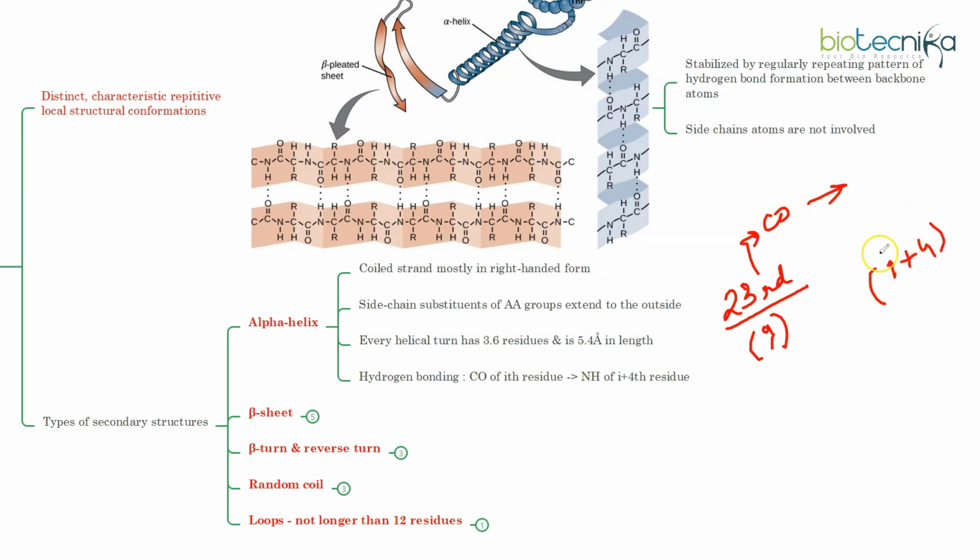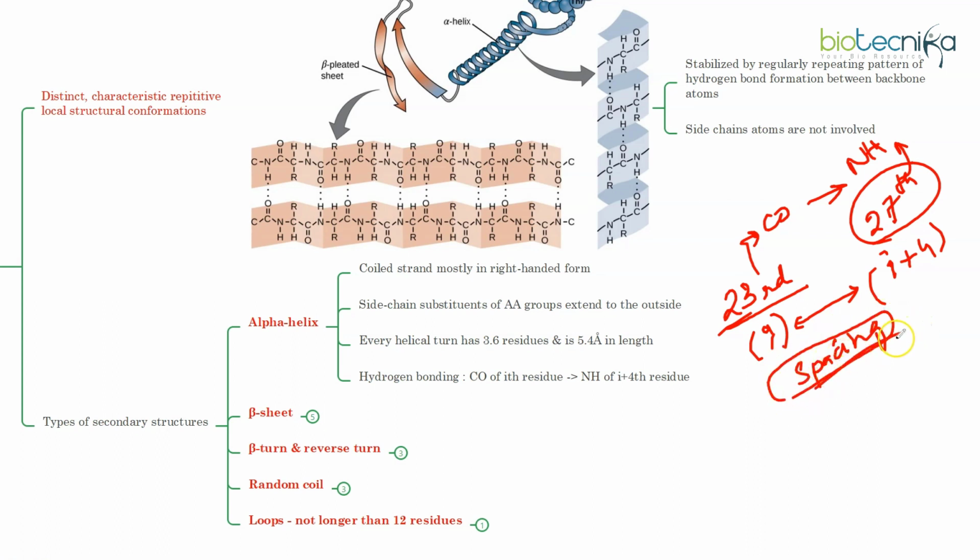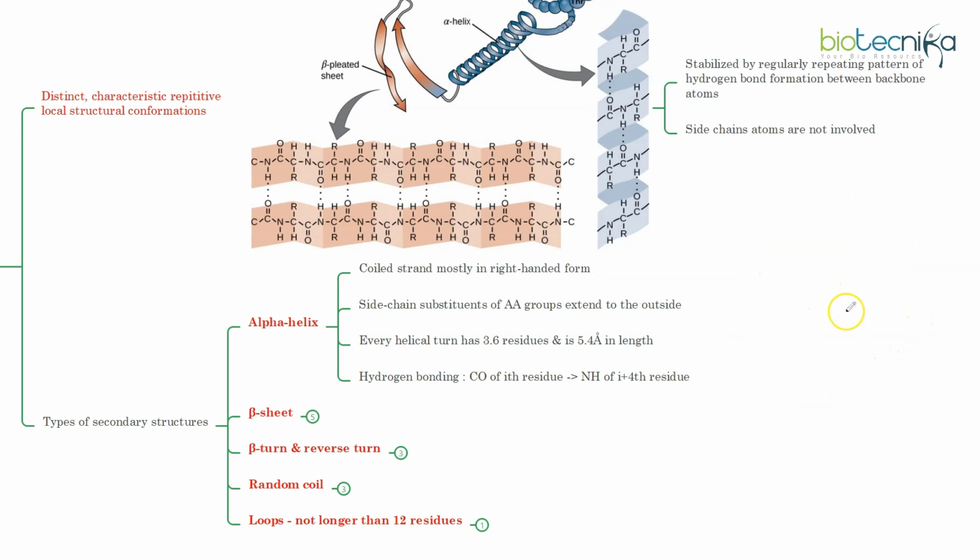So i was 23, and 23 plus 4 is 27. So it will interact with the NH group of the 27th residue. This spacing has to be there between the hydrogen bonding. A minimum of 4 amino acid residues need to be there, and only then will the hydrogen bonding take place. So that was about the alpha helix.